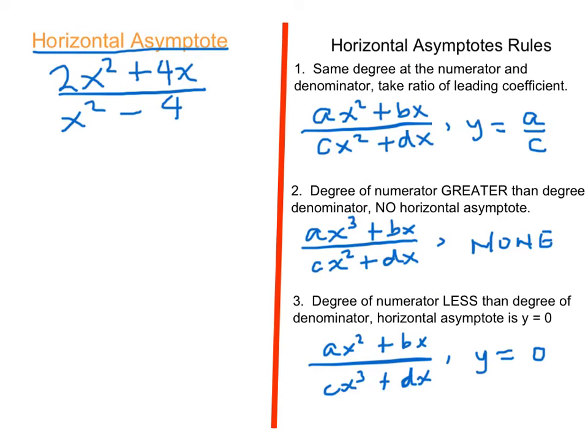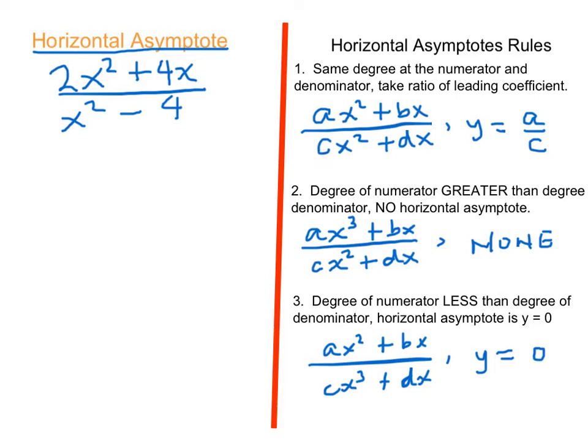We'll have to remember the 3 basic rules for determining the horizontal asymptote. Rule number 1 says that if the degree of the numerator polynomial is the same as the degree of the denominator polynomial, then the horizontal asymptote will be the ratio of the coefficients of the leading terms.